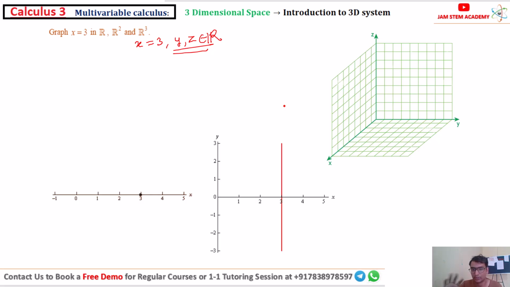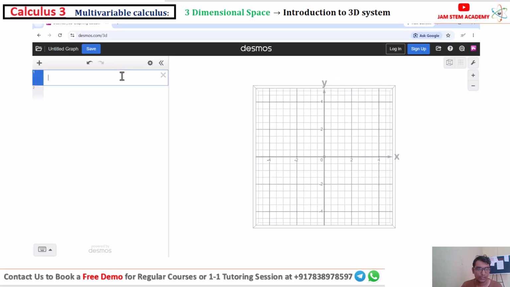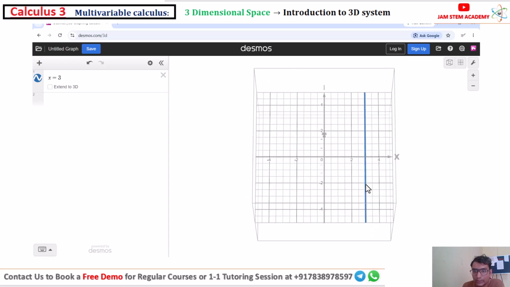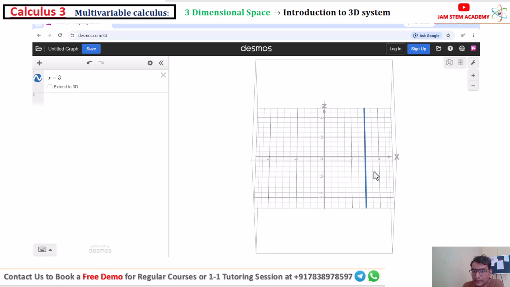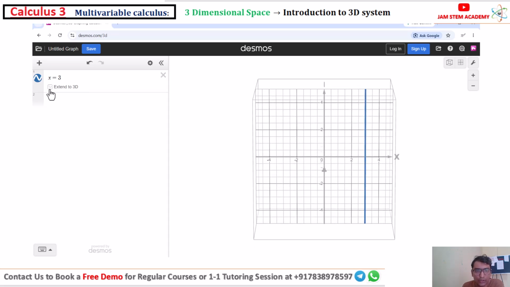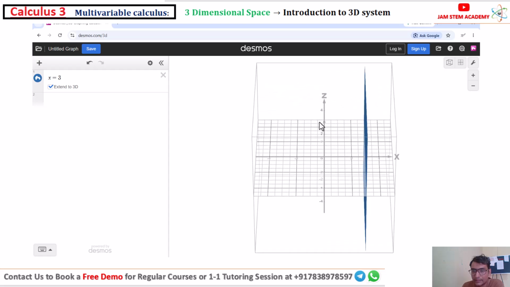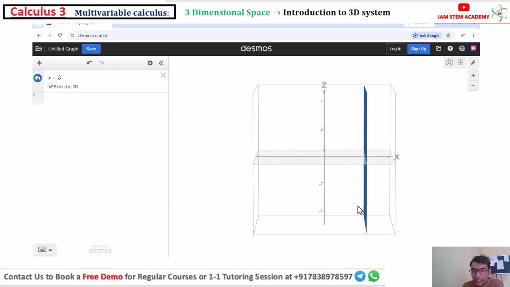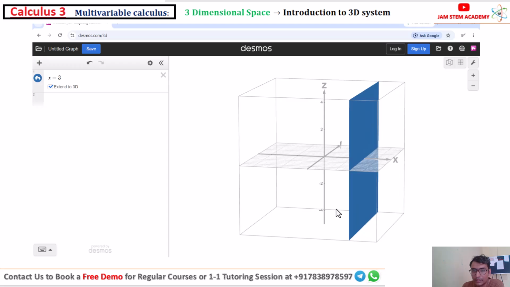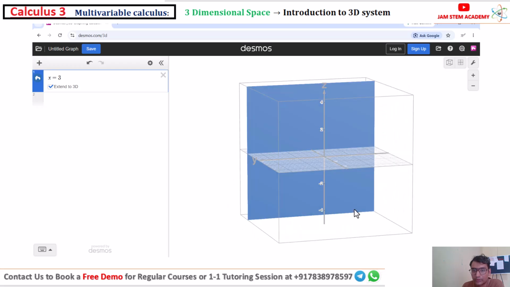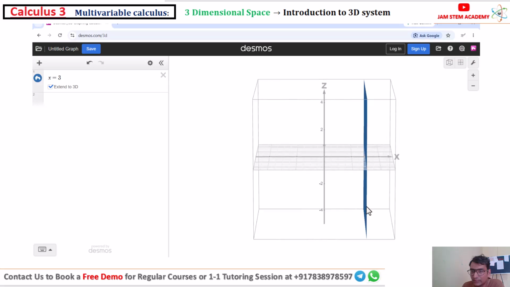I'll show you on Desmos also, one second. Here, if I have x equals 3, what is that? In a two-dimension system, it is just a line, right? Now, if I generalize the same thing for 3D, what is that? It is a plane. See, it is a plane over here having x equals 3. The x value is 3 over here.